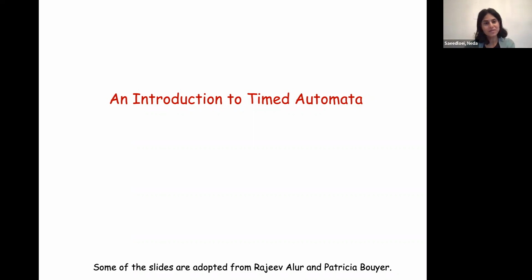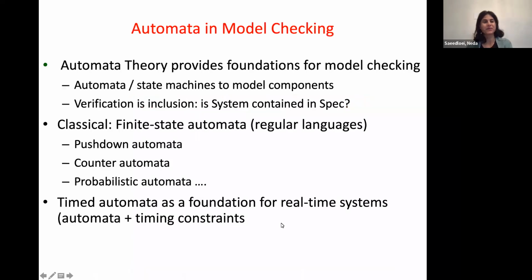Okay, so it's going to be a very brief introduction to timed automata. Automata theory provides foundations for model checking. We are talking about classical models of computation, the simplest form of which were finite state machines that could also be extended with a stack in order to accept more languages.